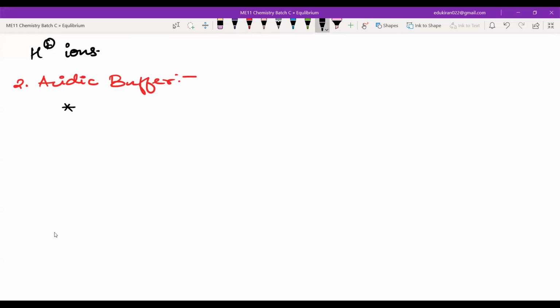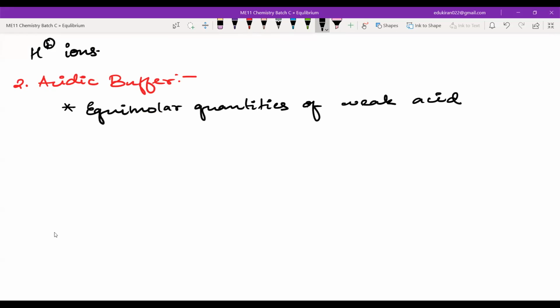And this you can write as equimolar quantities of weak acid and its salt with strong base. Again here we have a weak acid and its salt with strong base.